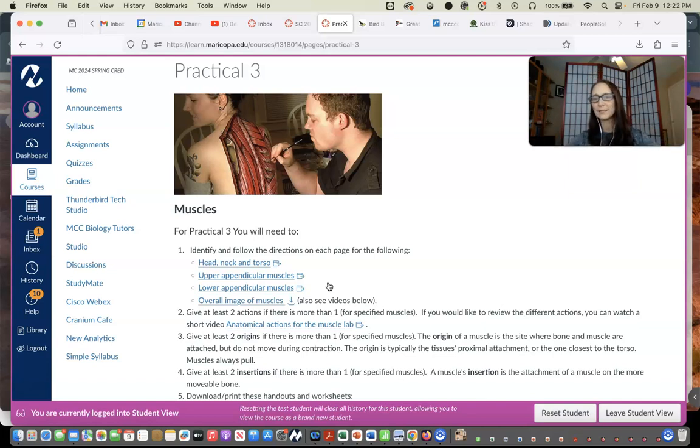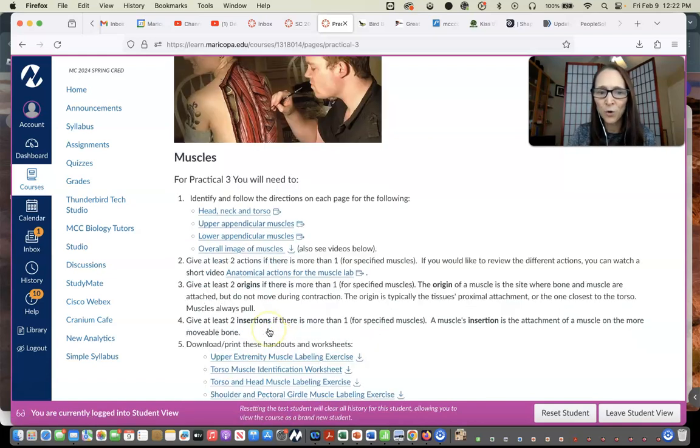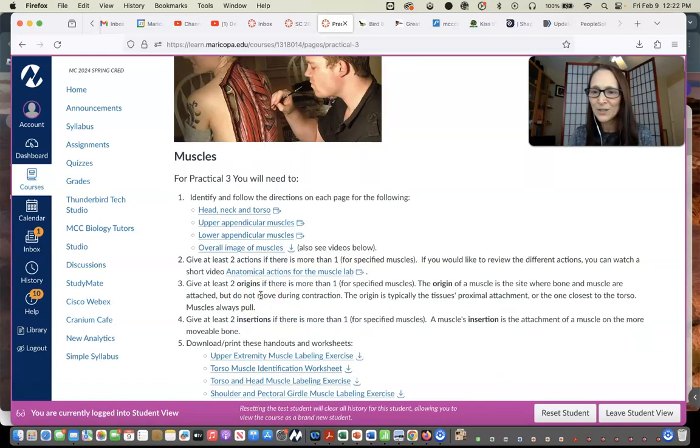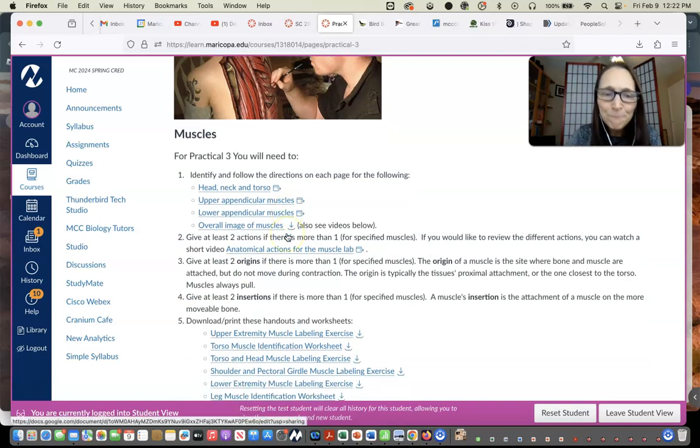It's all on one single page for you because the practical is muscles. That's it. That's what the practical is. Now, I say that, and it sounds very simple, but for each of the muscles, you need to know the origins of those muscles, the insertion, at least 2, and the action for that muscle, okay?